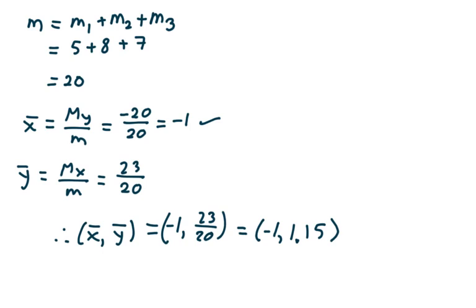And you could either leave it as 23 over 20, or we could write this as 1.15, the decimal equivalent. Either way is okay. And so my center of mass will in fact be the ordered pair (-1, 23/20), which can also be written as (-1, 1.15).